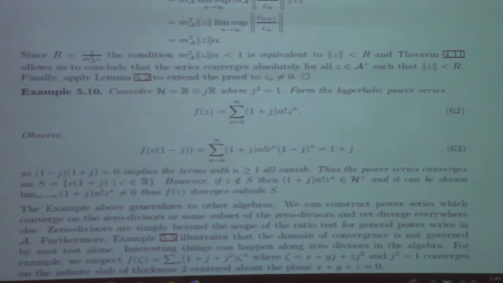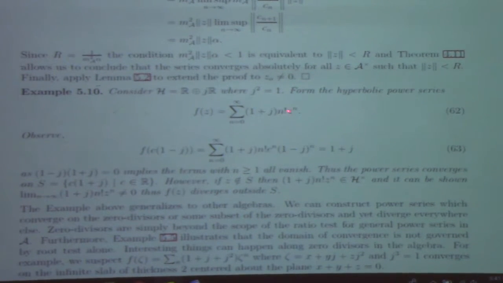For example, you could show that this pesky hyperbolic series converges where? Let's see here. It diverges outside S. What's the point here? This guy.